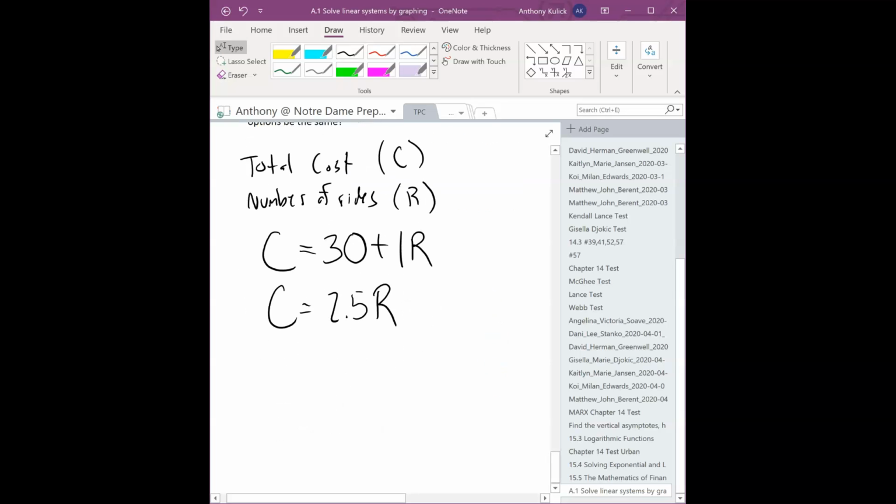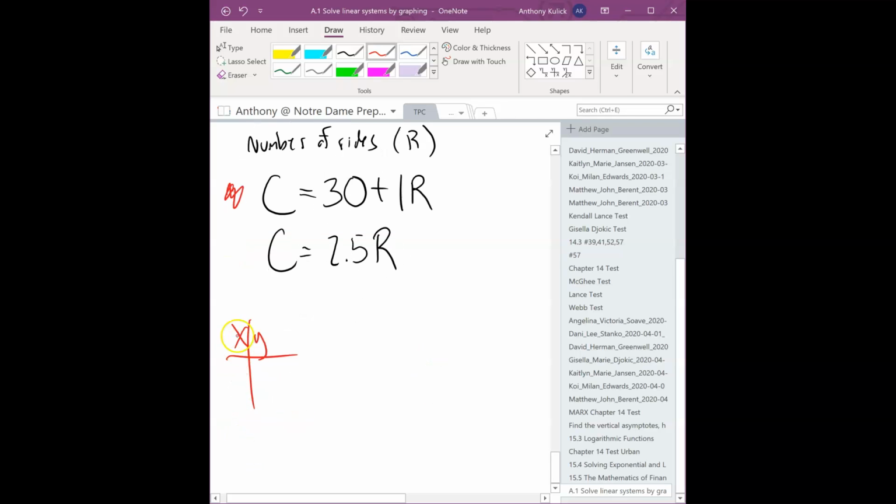Okay, so let's go ahead and draw a graph for this. So I'll do equation 1 in red. Here I'm going to treat R as my X coordinate and C as my Y coordinate, because I've set them up that way as independent and dependent variables. So when R is 0, C is 30.